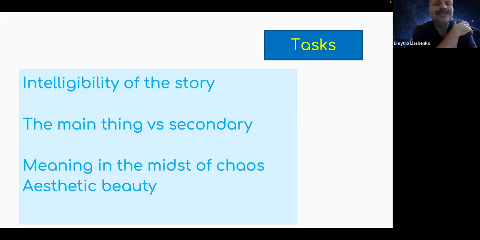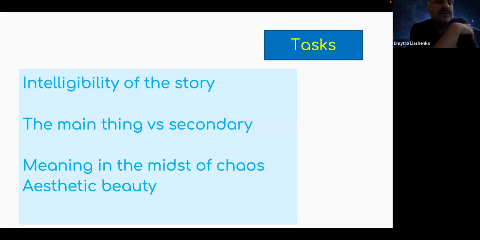The story that we create using our graphic must be understandable, or people should understand our ideas quickly and easily.